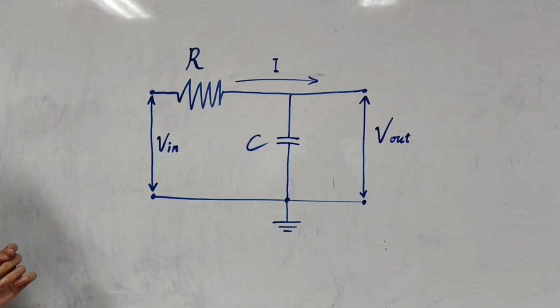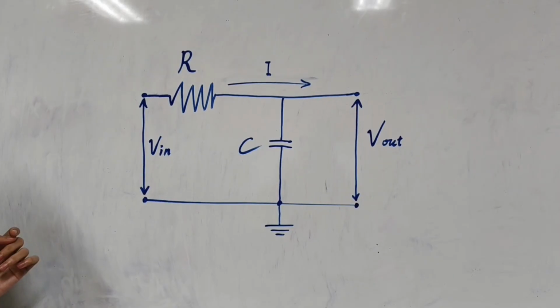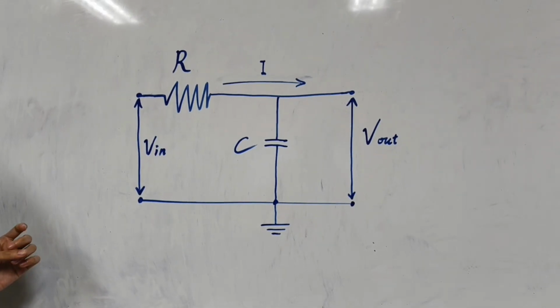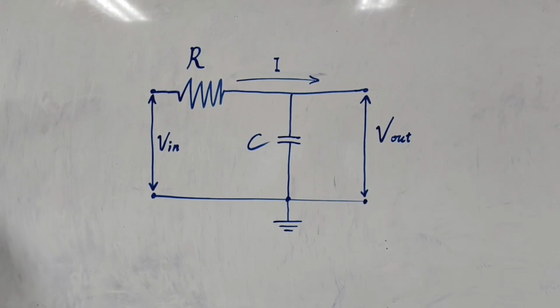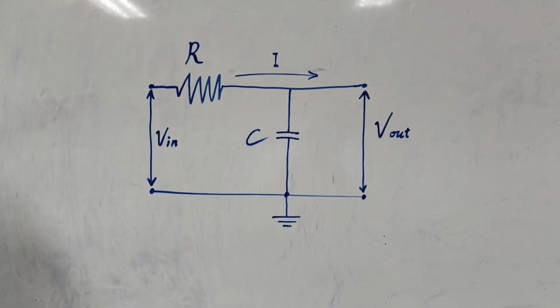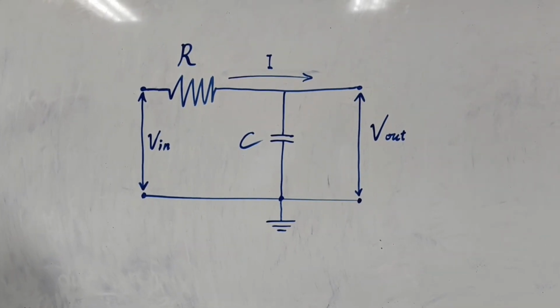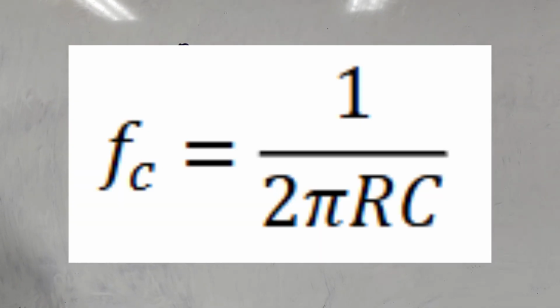This frequency-dependent behavior causes the circuit to act as a low-pass filter. The transition between the pass region and the attenuated region occurs around the cutoff frequency, which is determined by the circuit parameters. Using this formula, we can calculate the expected cutoff frequency.